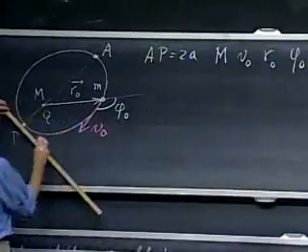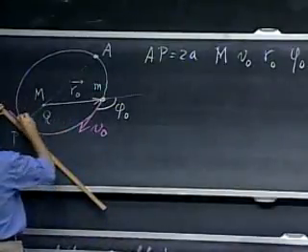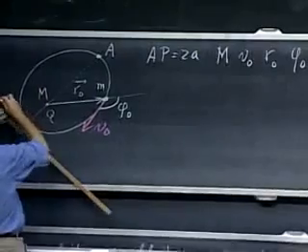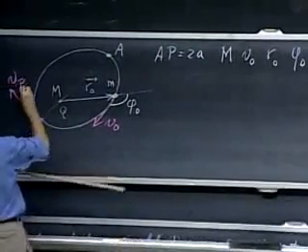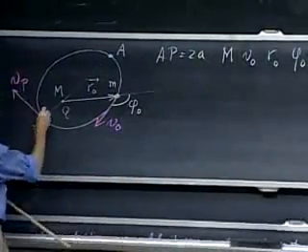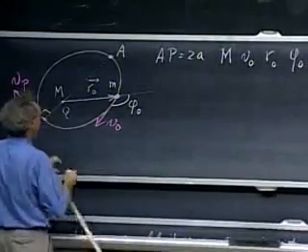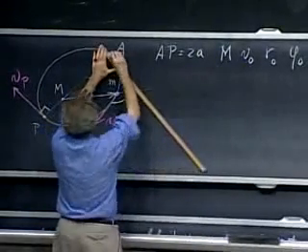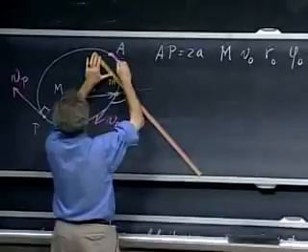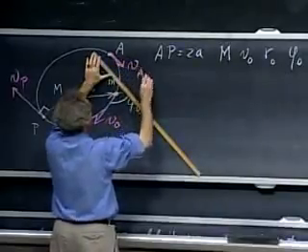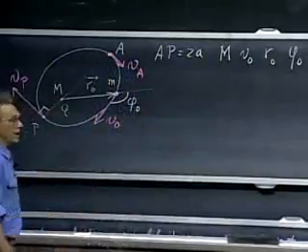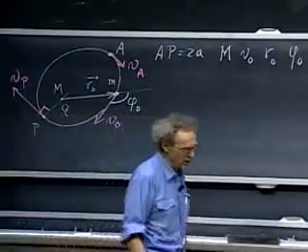Can we find out what the velocity is at point P, at closest approach, when this angle is 90 degrees? And can we find out what the velocity is when little m is farthest away, apogee? Can we find all these things? And the answer is yes.